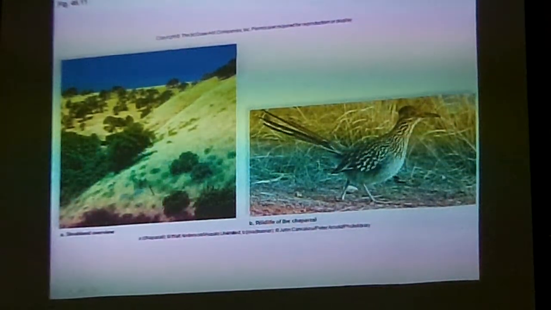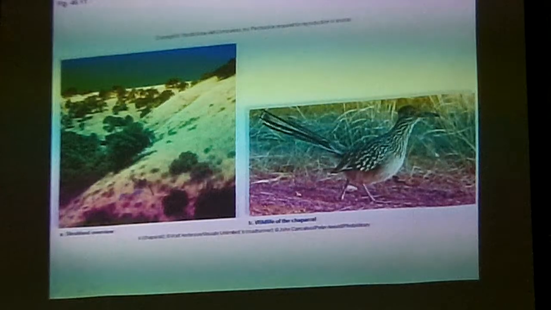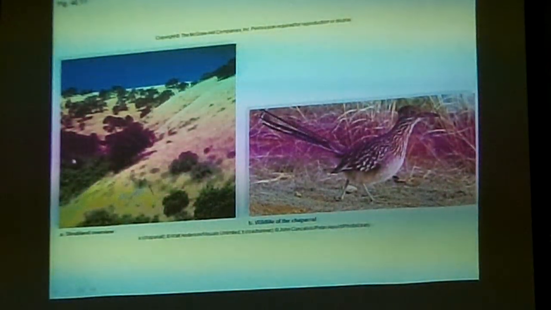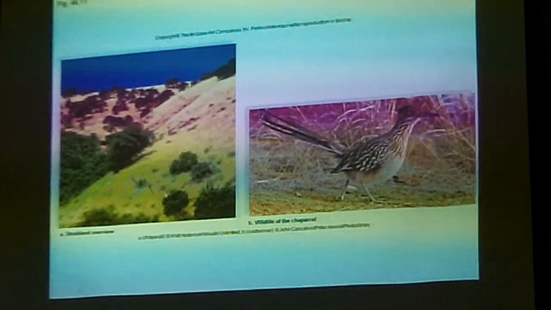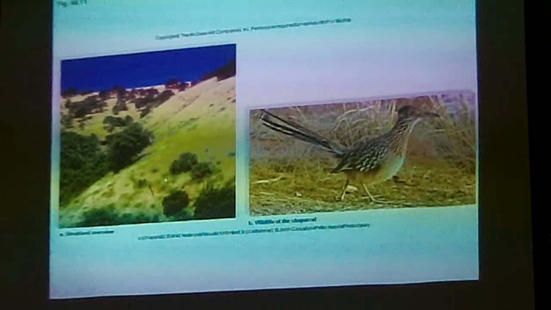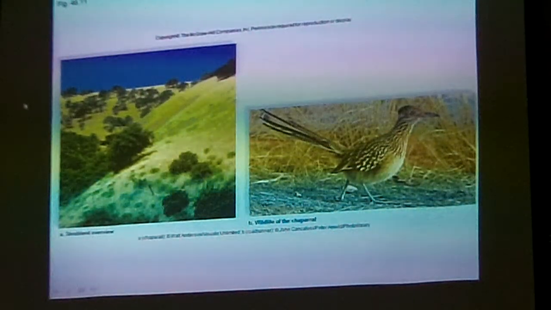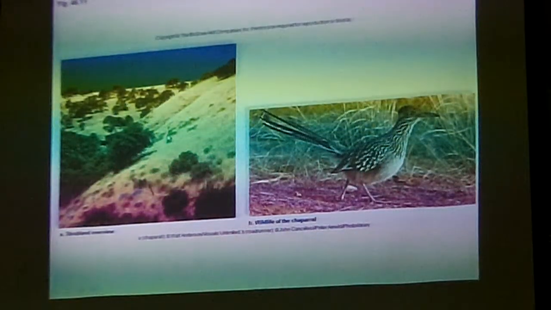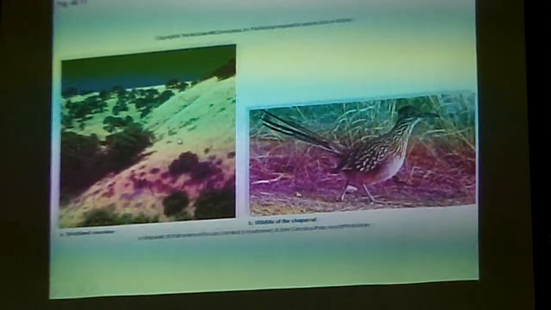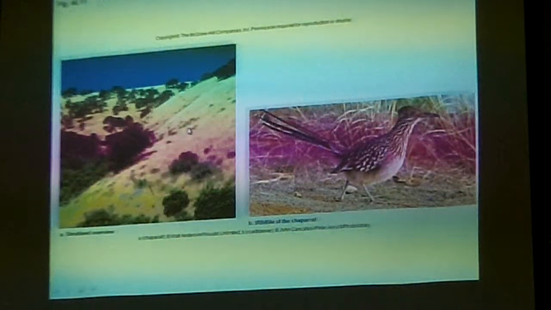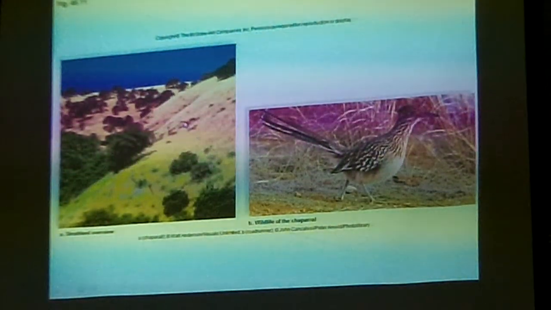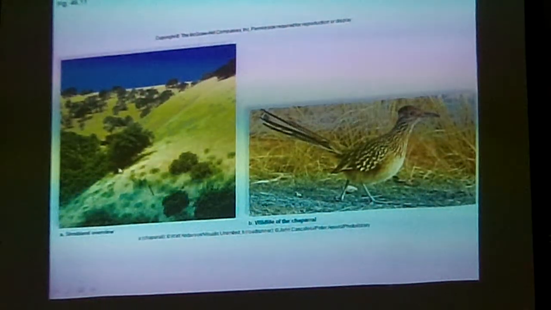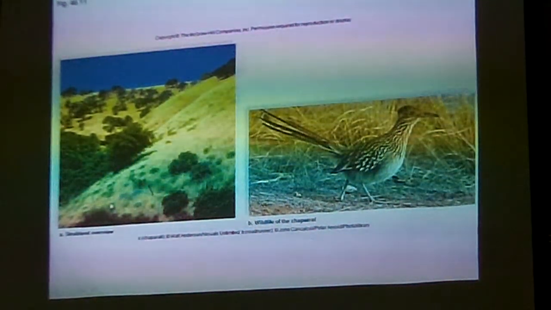It's highly flammable. It dries out. Like I say, there's not much rainfall, and it'll dry out at certain times of the year and then catch fire. And so areas that are shrubland have a lot of wildfires. It spreads out, and it'll kill the shrubs, but they'll grow back pretty quickly. Some of the seeds of these things will not germinate unless they're burned. So the fires are actually important in sustaining the ecosystem.